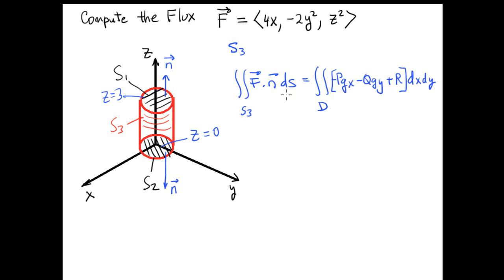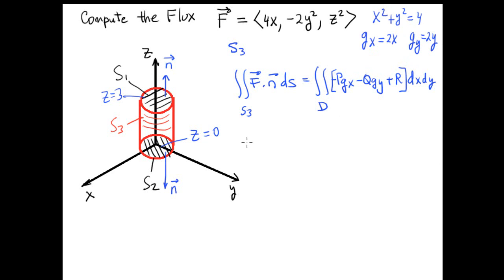So I convert the surface integral to a double integral. It is obvious that our surface is the cylinder x squared plus y squared equals 4, gx is 2x, gy is 2y.